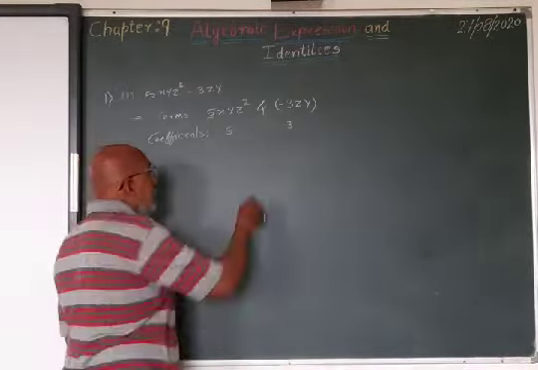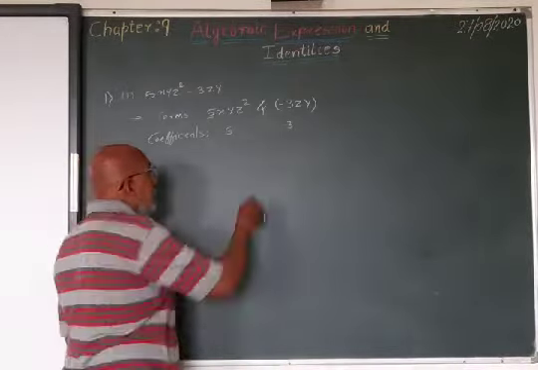The coefficient for the first one is 1 upon 2, because if I write it separately, it can be written as 1 by 2 x plus 1 by 2 y, and minus xy. So obviously 1 by 2 is the coefficient of x, 1 by 2 is also the coefficient of y. And here you have x and y, so no coefficient written.